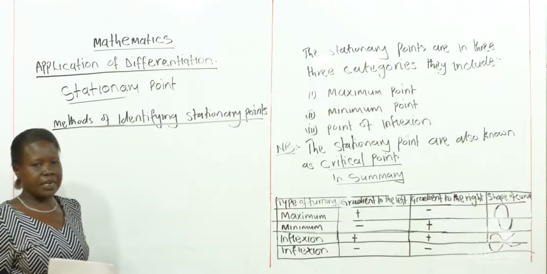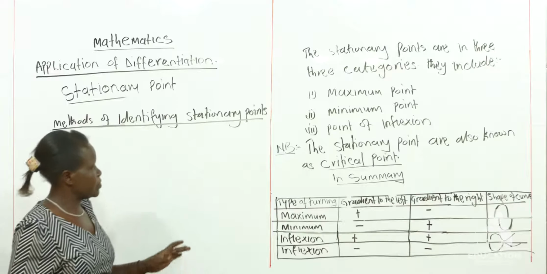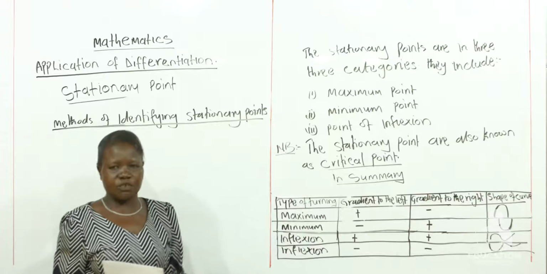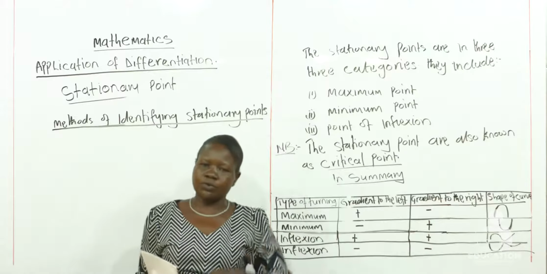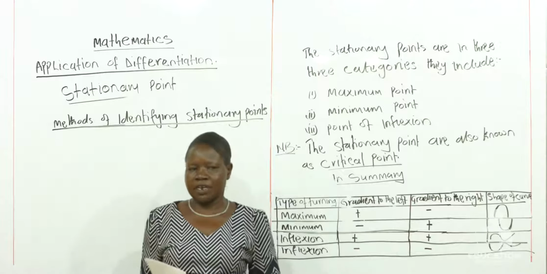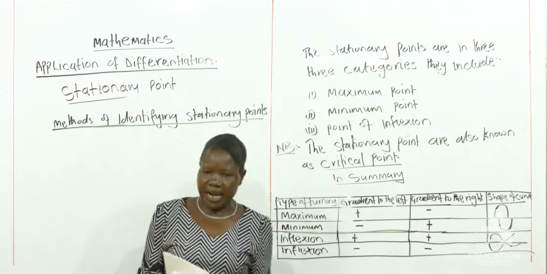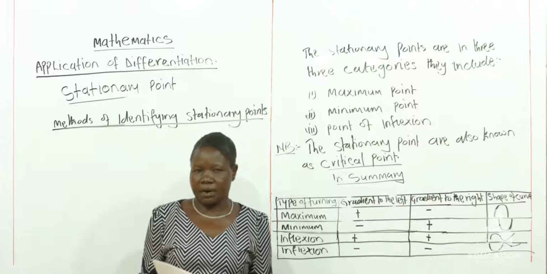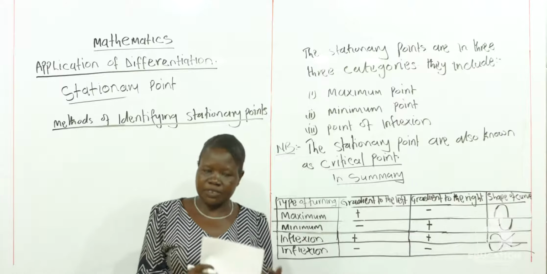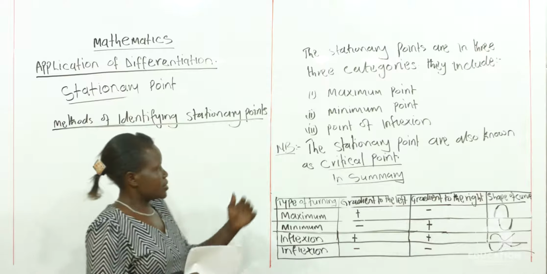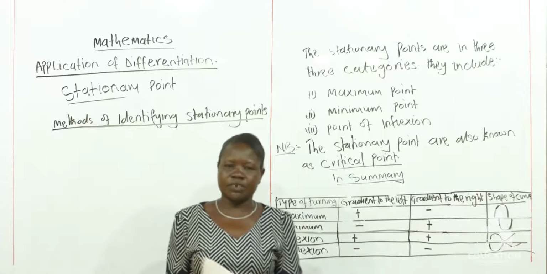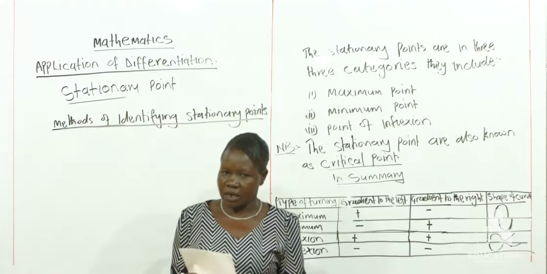And you remember that last time when we were looking at a derivative, what does it mean? It means that you are to differentiate the function given. So after differentiating, what will be the outcome? If the gradient comes out as 0, then you automatically know this is a stationary point.